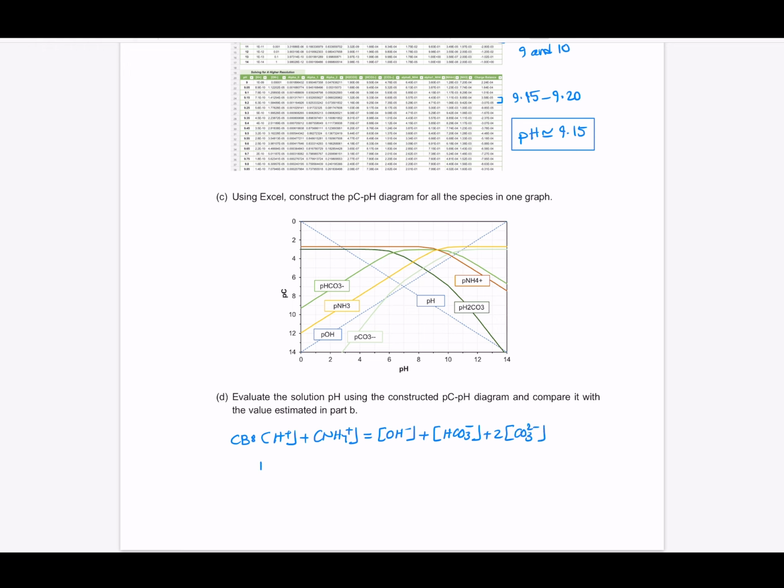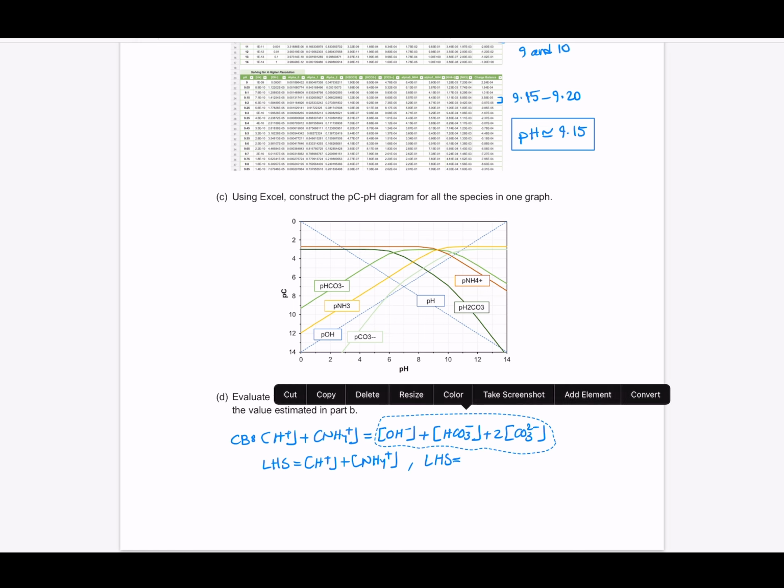So the LHS would be H plus and ammonium, so that's one line. And our RHS would be basically all the species here, all the negatively charged species.